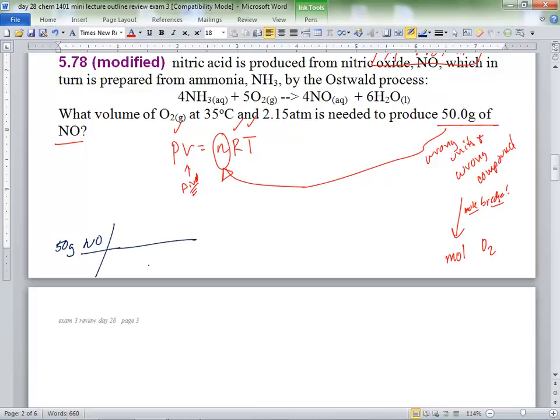So when you're going from that NO, you add 1 nitrogen, 1 oxygen to get the molar mass of NO.